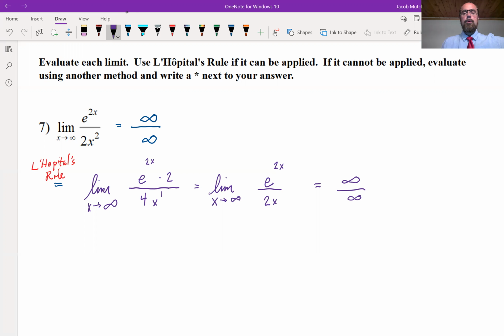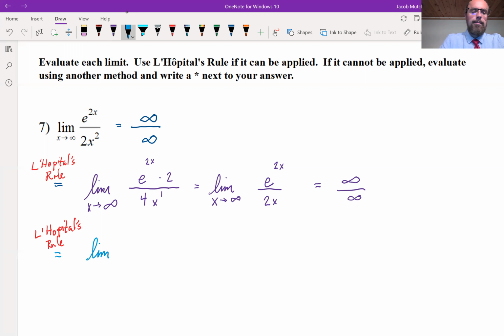You can apply it multiple times. So if I'm still getting an indeterminate form, the derivative version is still eligible for a second application of L'Hopital's rule. So we'll apply it again. Since we're doing so, I'm going to again label with L'Hopital's rule just to announce our procedure here, our reasoning.